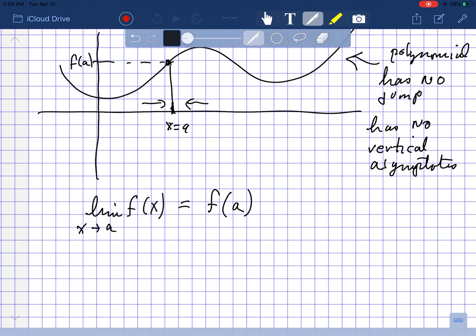The same thing can be said of rational functions, except we have to look at an exception in this case. So let's let r of x be a rational function. And you remember that a rational function is the quotient of two polynomials.